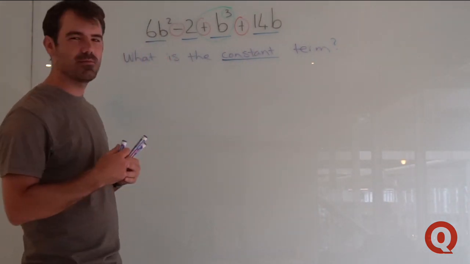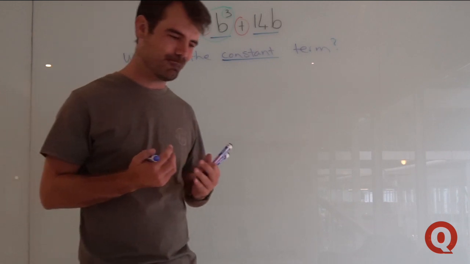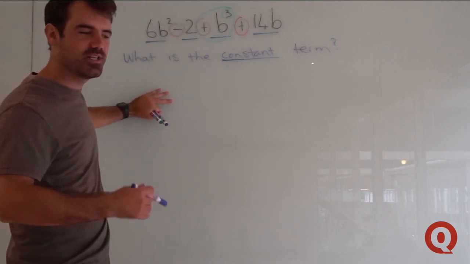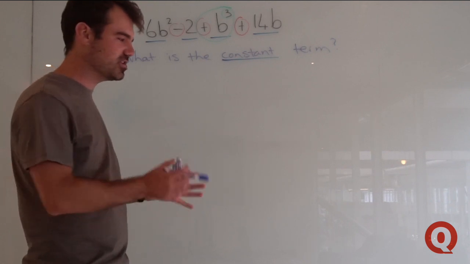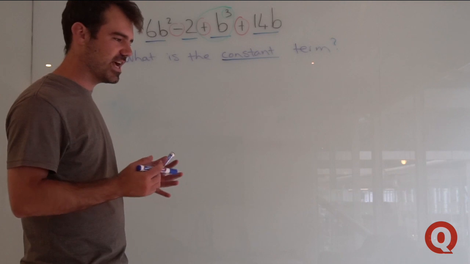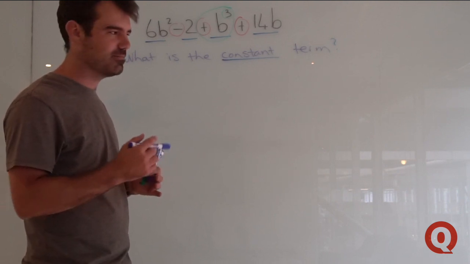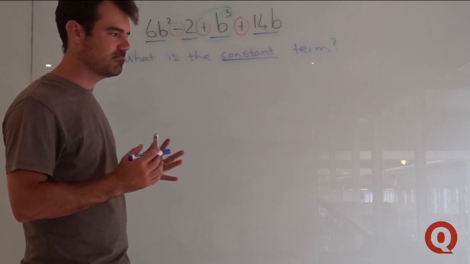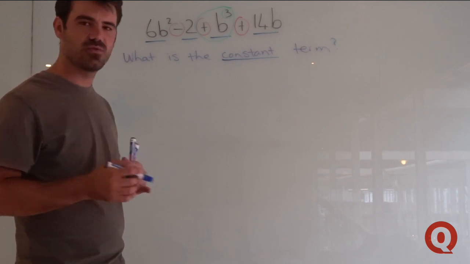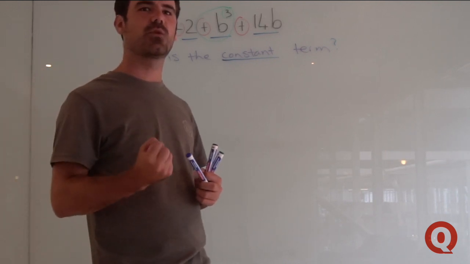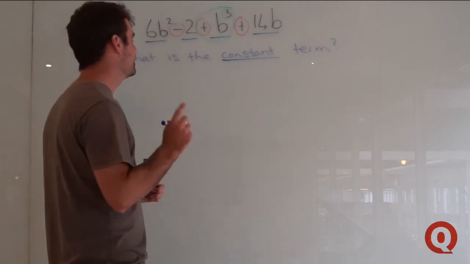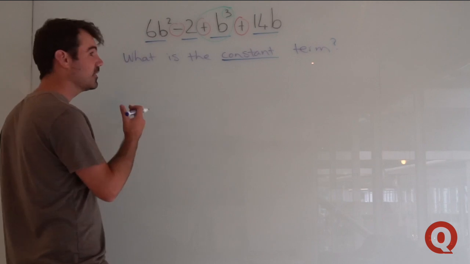If we think about that logically, surely it's going to be something that does not have a variable, because a variable would certainly change the value of something. If I had 4b, that's not actually just 4. What if I said b was worth 2? That would mean it's 4 times b, 4 times 2 is 8. So it's not actually the value we think it is. But with a constant, it will remain that value. It does not have a variable.